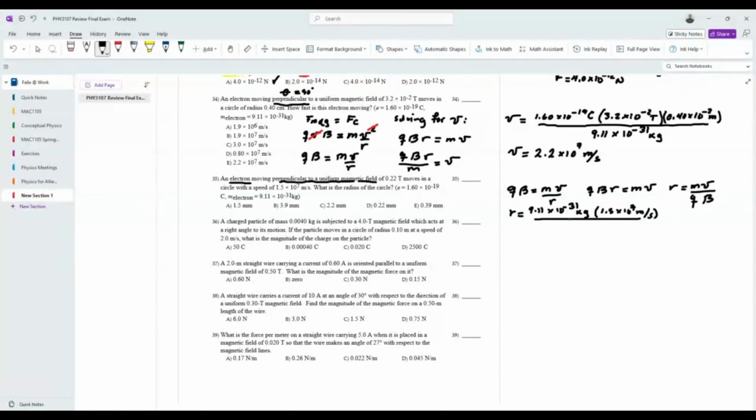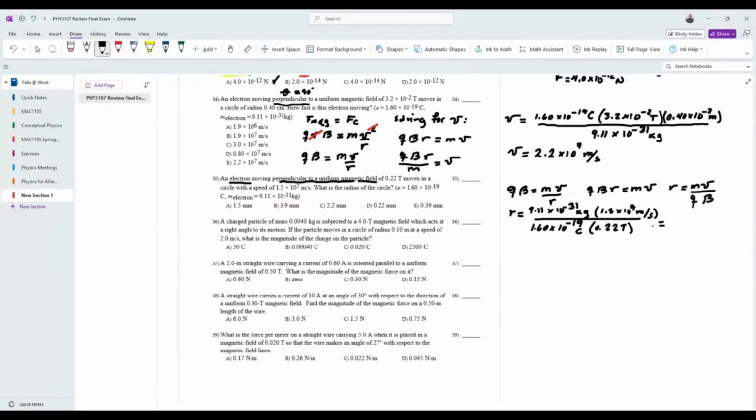The charge Q there is the charge of the electron, 1.60 times 10 to the negative 19 coulombs. The intensity of the field there is 0.22 teslas.